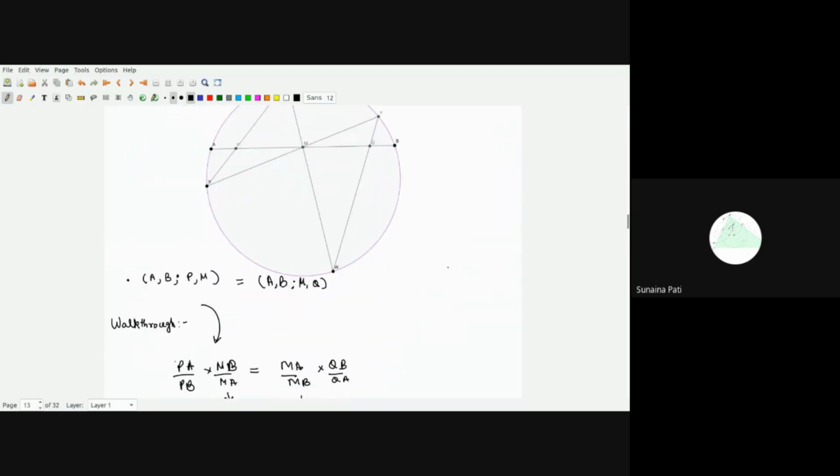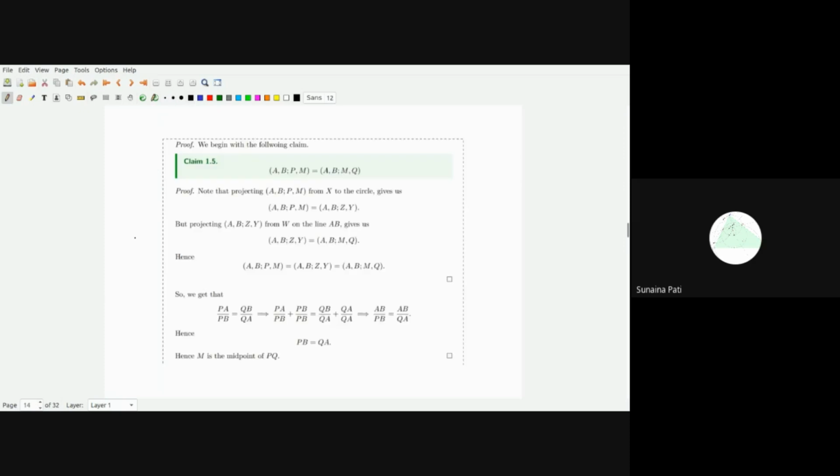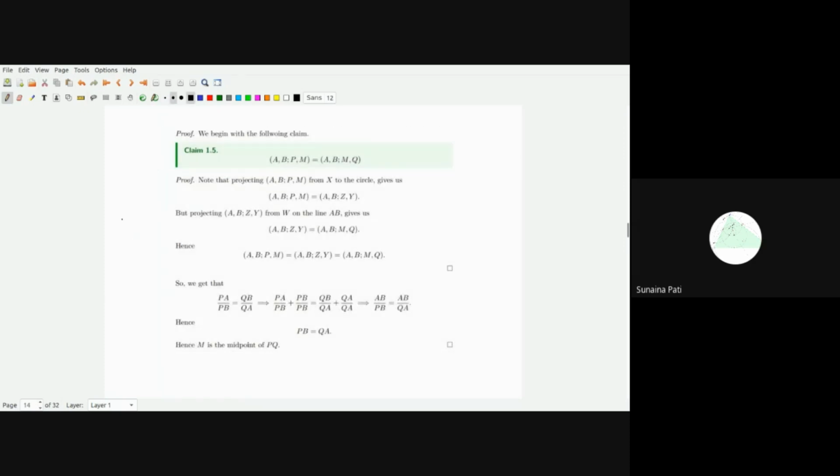Did everybody get what we did, or should I repeat? I'll just paste the proof so that you guys are clear with it. Pranav did it the other way.